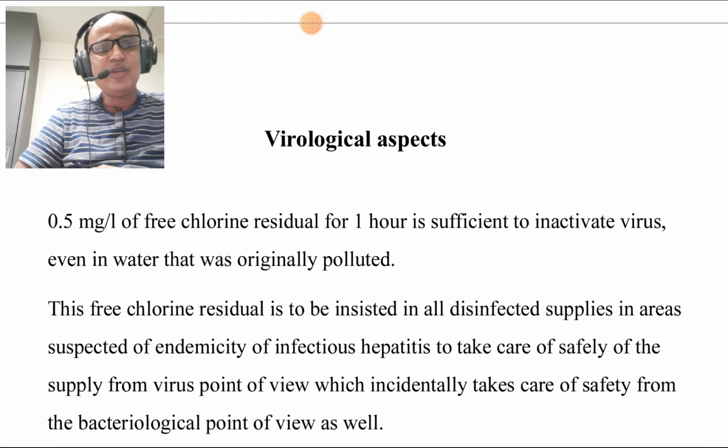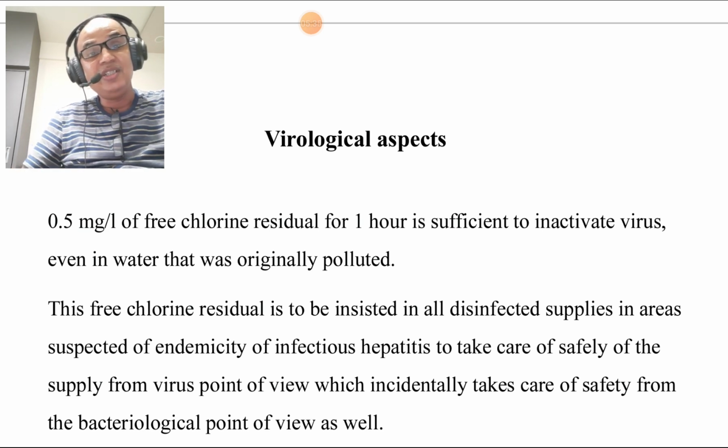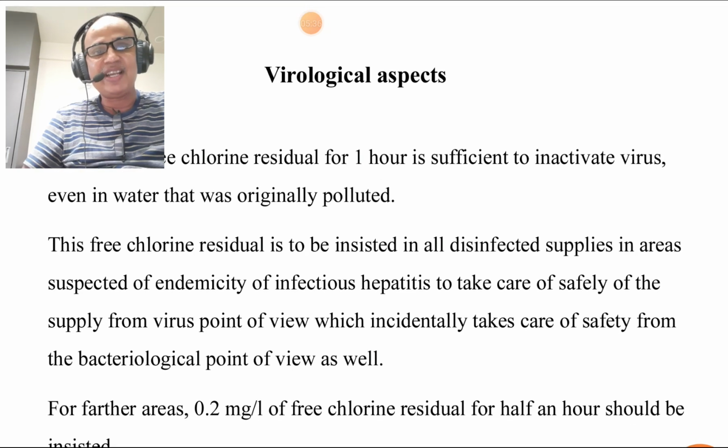Then we are going to discuss the virological aspects. A free chlorine residual of 0.5 mg per liter for 1 hour is sufficient to inactivate the virus even in water that was originally polluted. So the dose of 0.5 mg per liter of free chlorine is sufficient to kill the viruses.